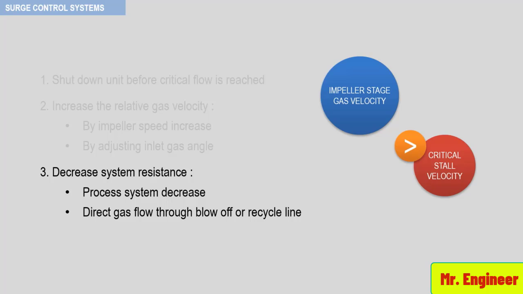Of the two alternatives available, the recycle line is more efficient, since it does not affect the energy in the process system. Given the applications in which compressors are employed, it can be readily observed that option 3 is the most cost-effective way to protect compressors against surge and corresponding mechanical damage.